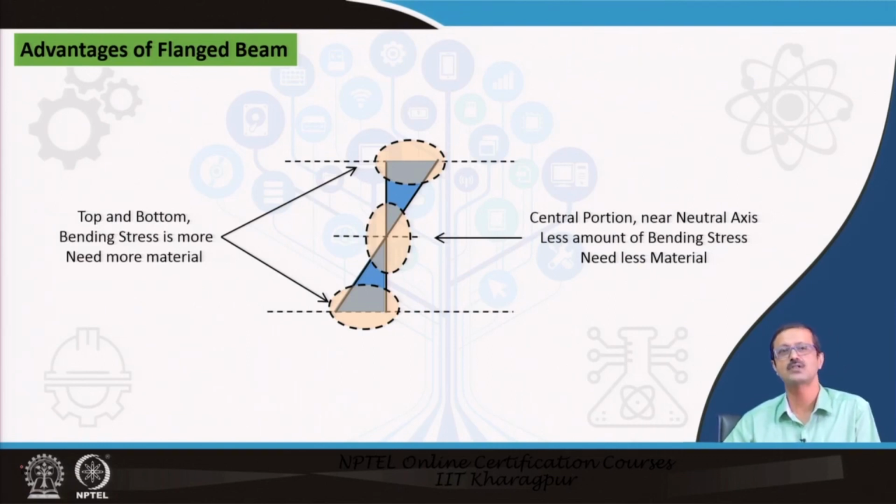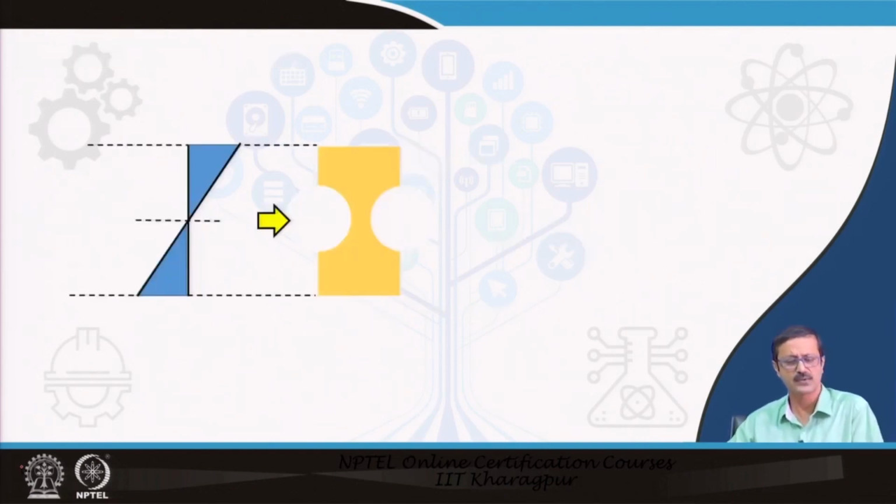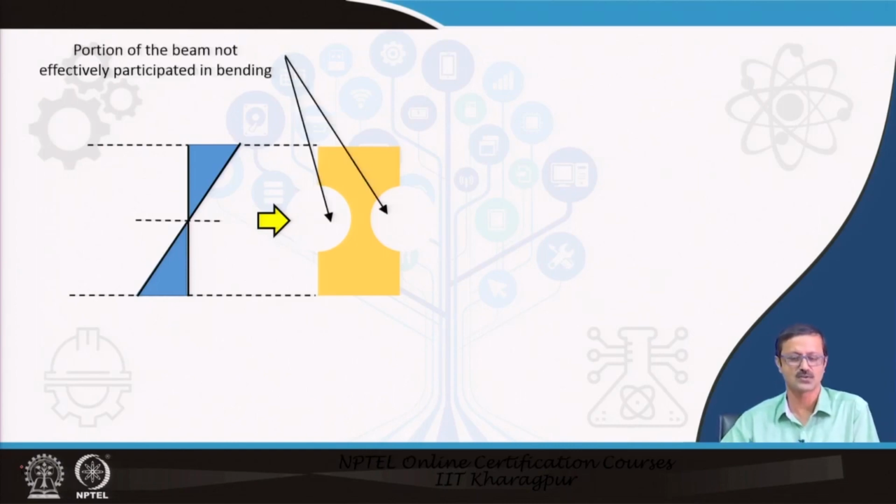So, the material distribution should also follow the stress distribution from top to bottom, in such a way that I can use the material in an effective way, and we can produce economical beam sections. Here, if I go through a rectangular beam, I feel very bad, because these portions near the neutral axis or near the center, I do not require any material anymore, because I know that this particular portion has less stress.